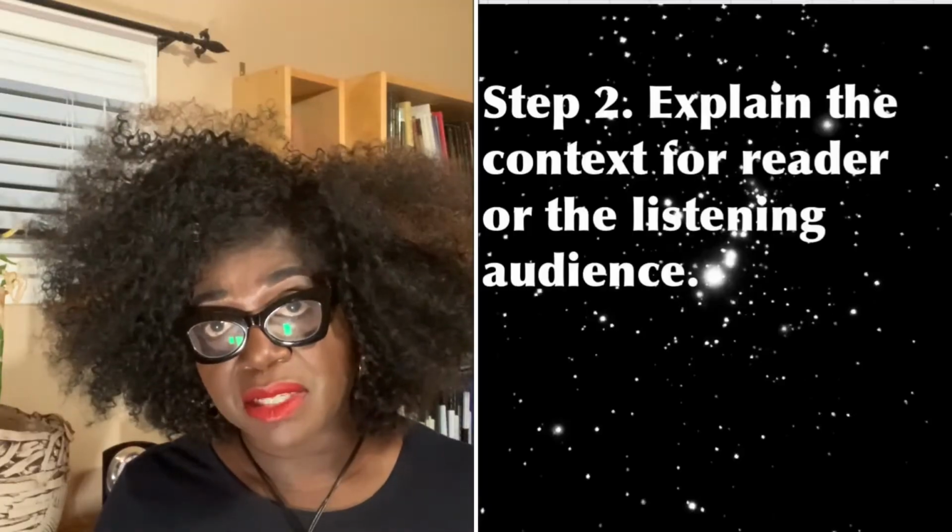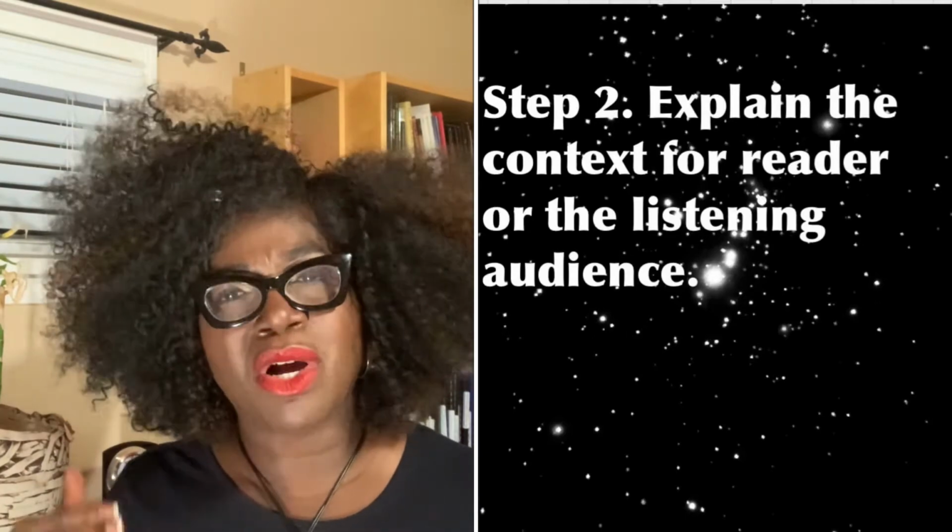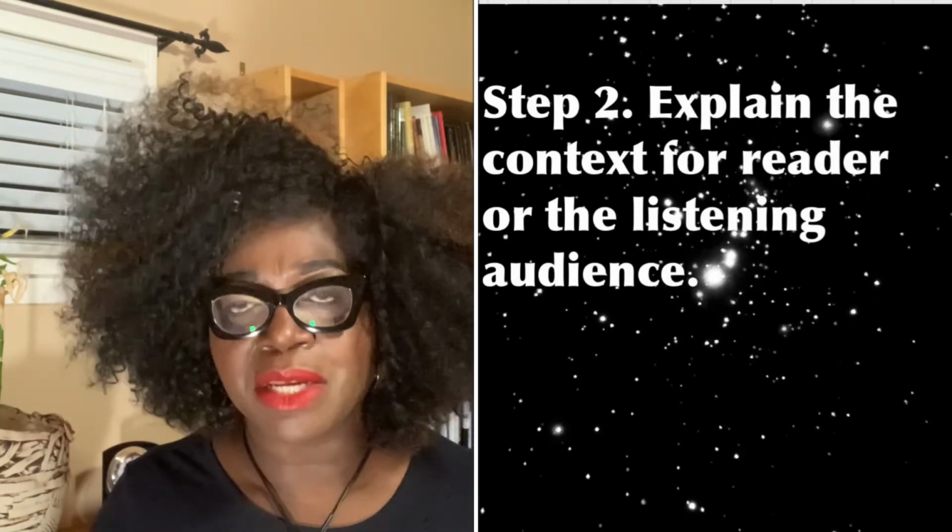Then the next thing you do is explain the context, which helps the reader to understand why you said what you said, and it helps to give them context. So that also will be preparing them for the evidence that is coming. So here's an example.